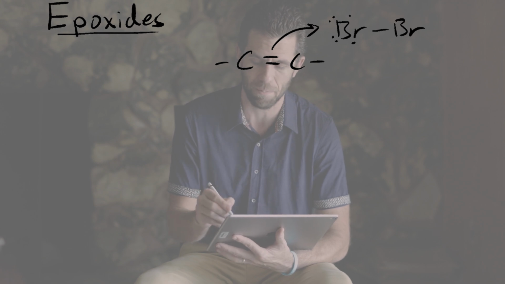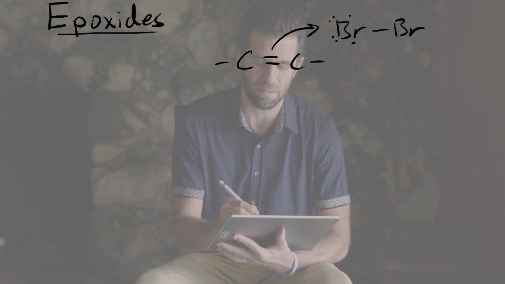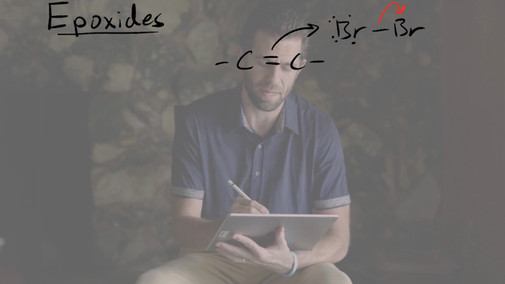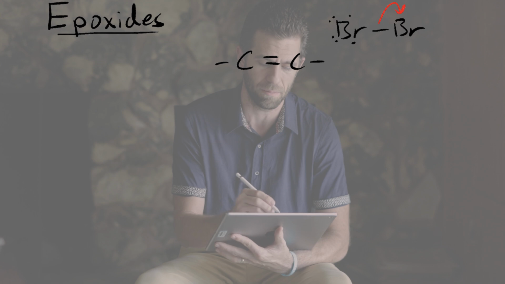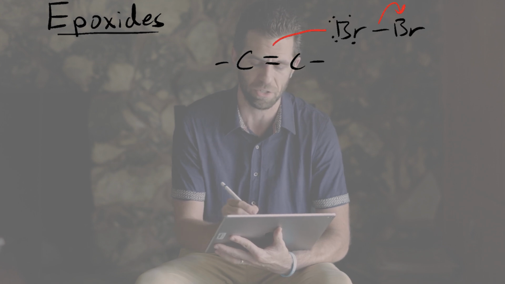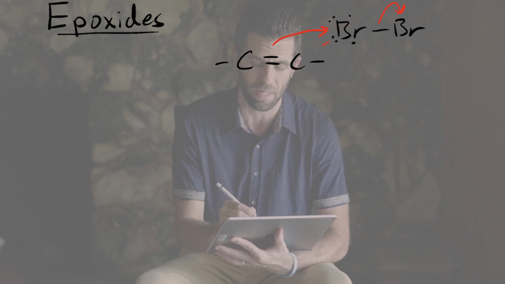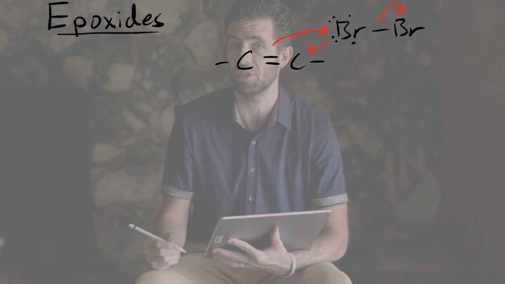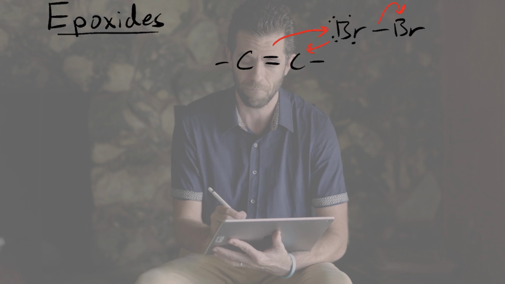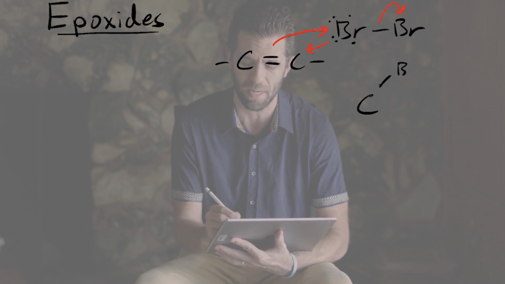So as that bond breaks, this Br leaves as this arrow comes and pushes these electrons to that Br. At the same time, we're forming a really positive carbon here, which allows those electrons to attack the other carbon, forming this very, very reactive intermediate.